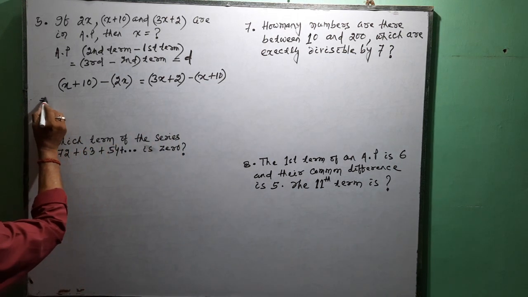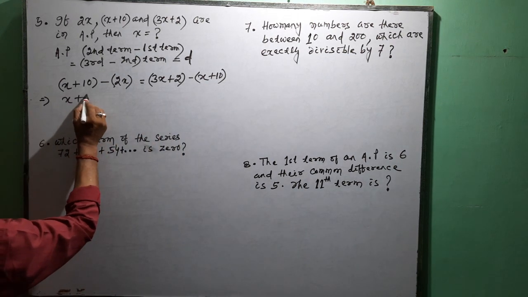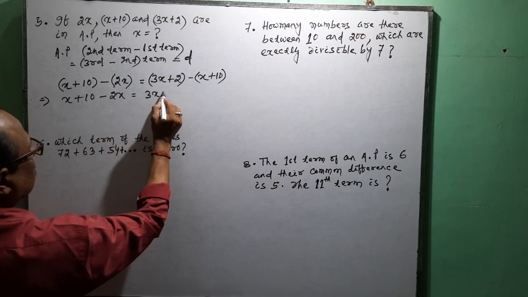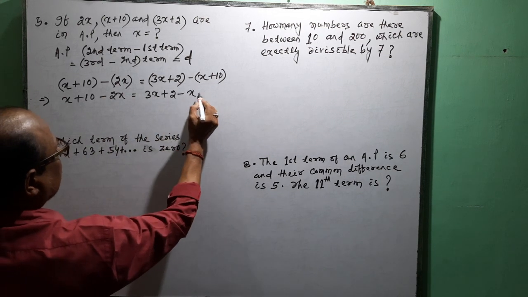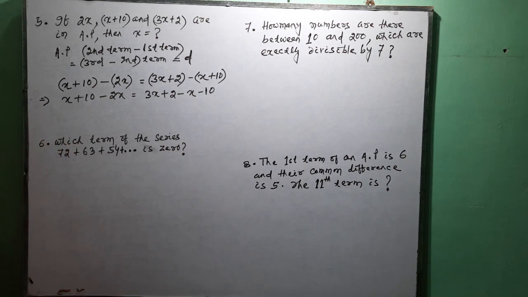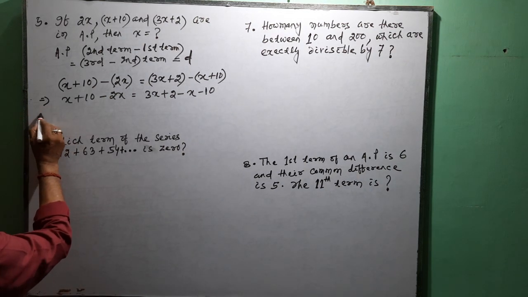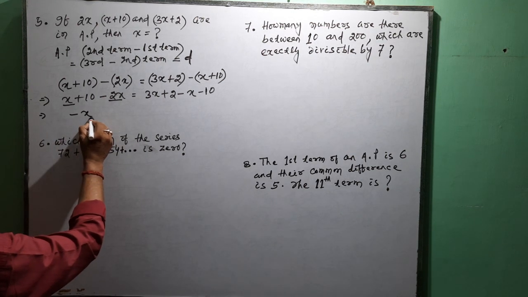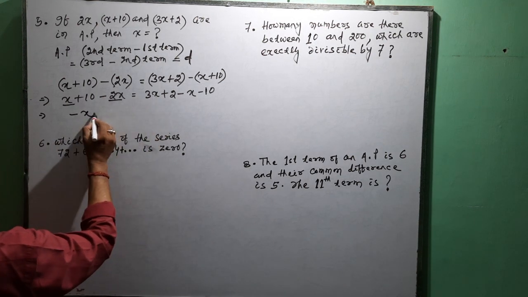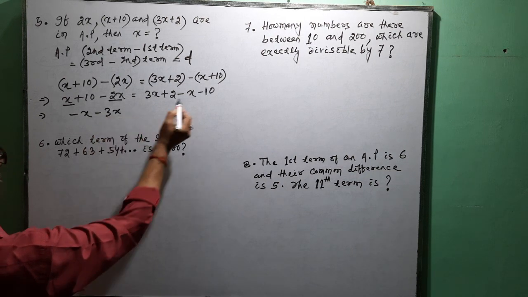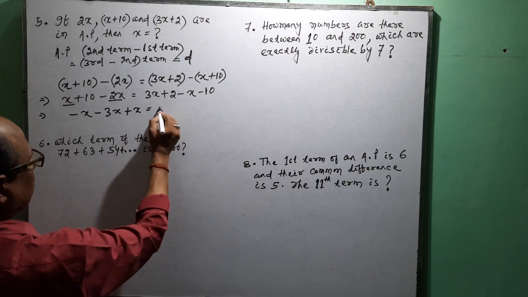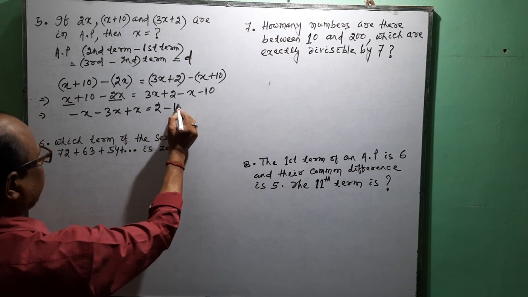This implies x plus 10 minus 2x is equal to 3x plus 2 minus x minus 10. On the left, x minus 2x is minus x. On the right, 3x minus x is plus 2x. It is 2 minus 10.